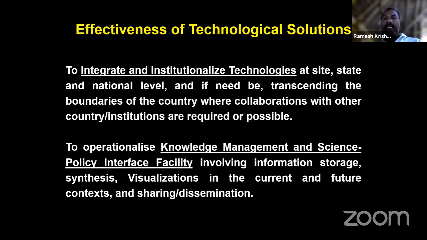Unless we integrate or institutionalize the technology, however much effort and investment we make, it doesn't yield complete solutions. So please remember, sometimes we introduce a technology and say, it is a very good technology, and maybe I'm the pioneer, it's all fine. But if the technology does not work beyond your control, or after you leave the place, or after the project is over, then there is no good.